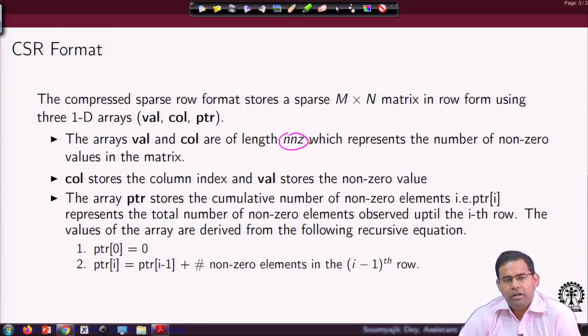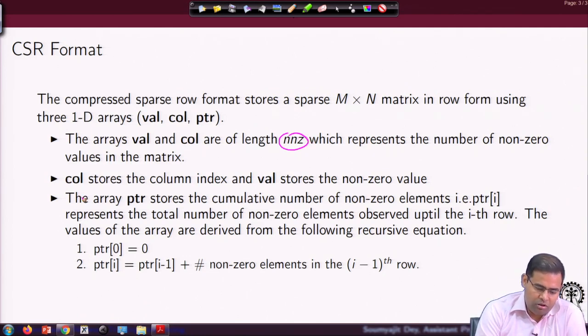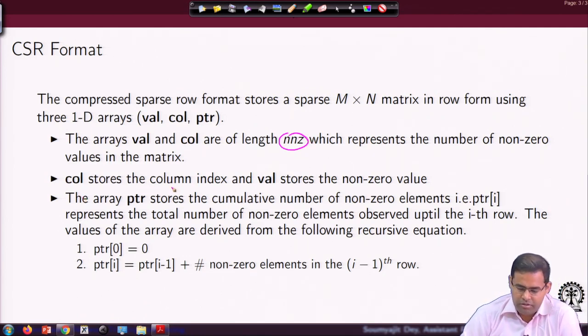Essentially we are just interested in storing these nnz entries, and also in figuring out the locations in which these non-zero values are stored, because we can safely say that all the other locations are just zeros. The col array stores the column index and the val array stores the non-zero value.